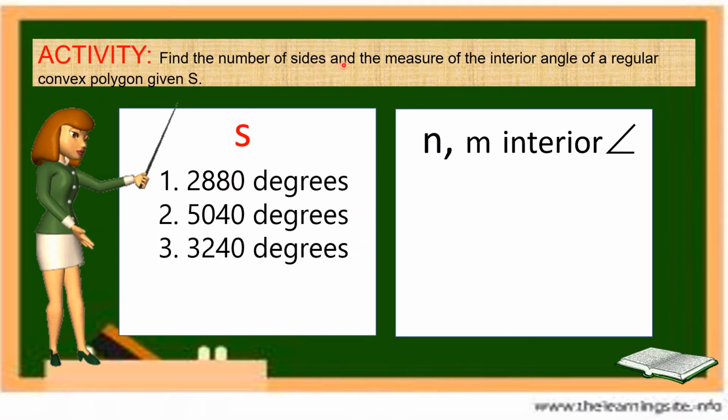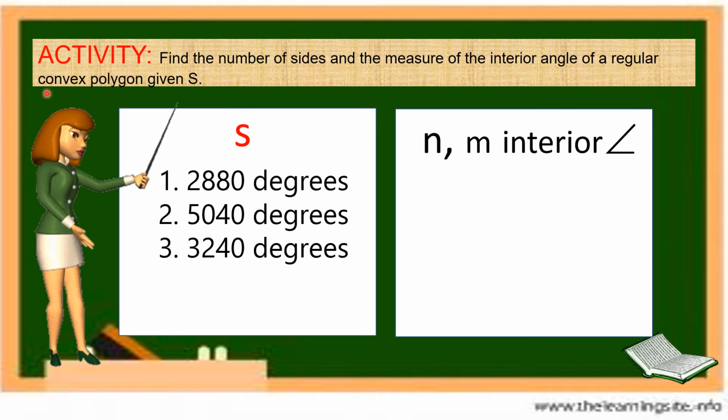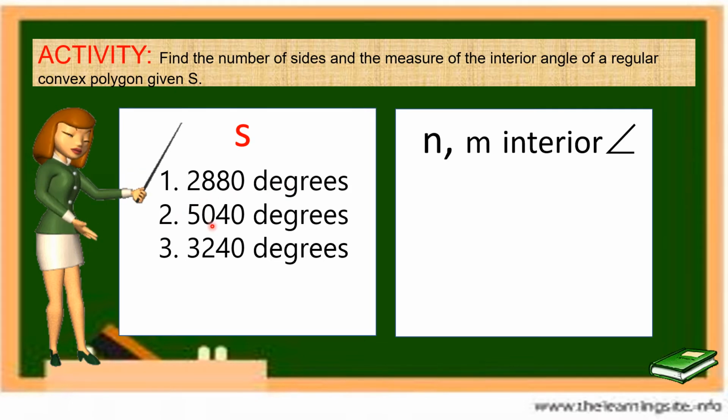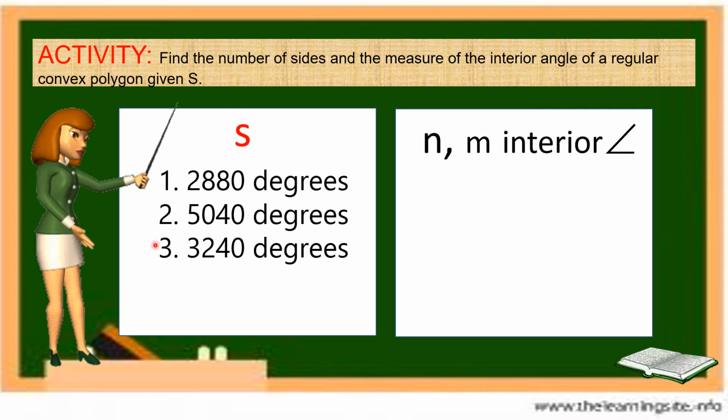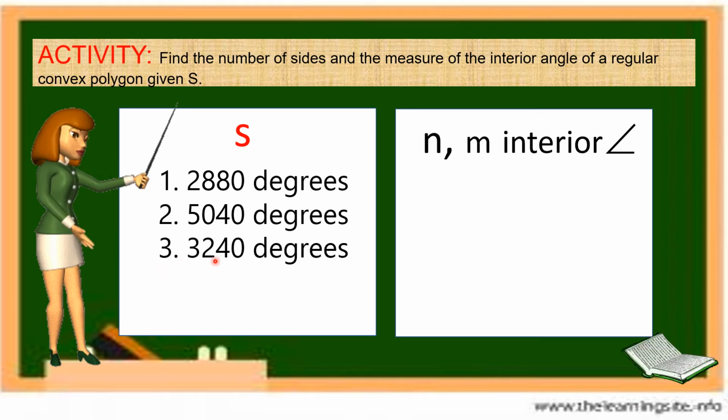Find the number of sides and the measure of the interior angle of a regular convex polygon given S. Number 1, 2,880 degrees. Number 2, 5,040 degrees. Number 3, 3,240 degrees.